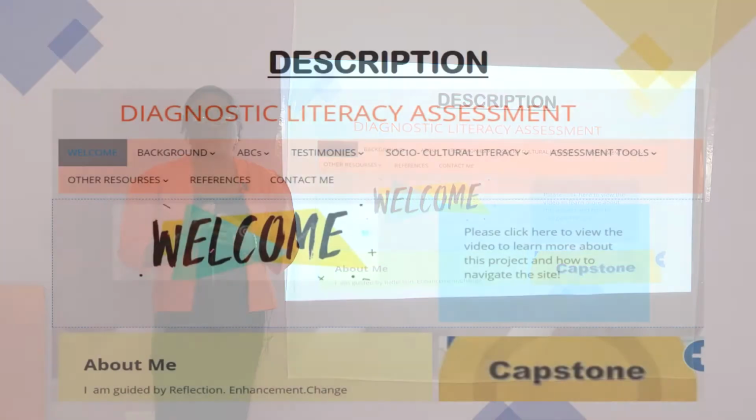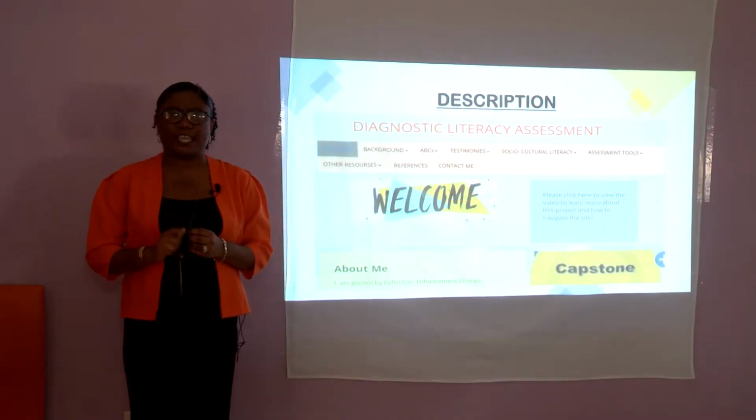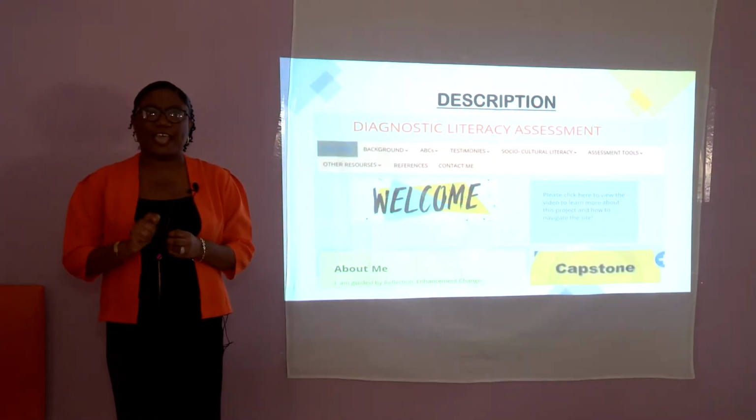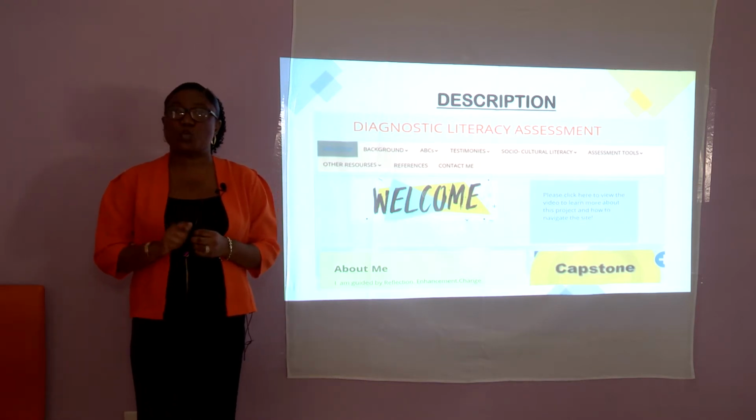It contains practical and specific examples of assessment tools that can be utilized in the classroom, along with directions and guidelines for using them. Additionally, it also includes resources and other information about this type of assessment.